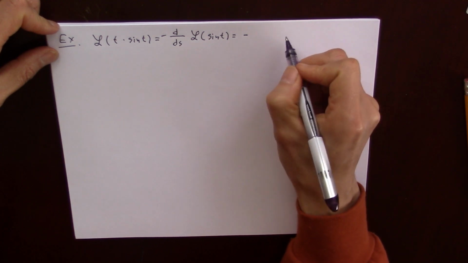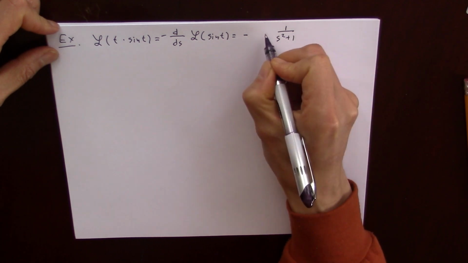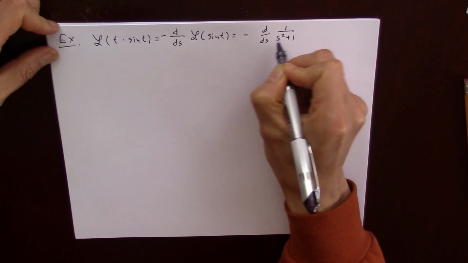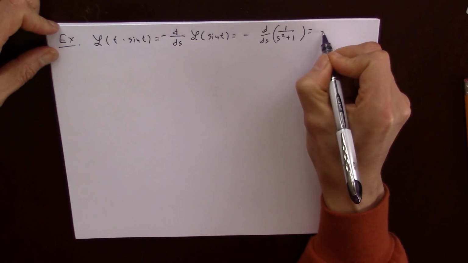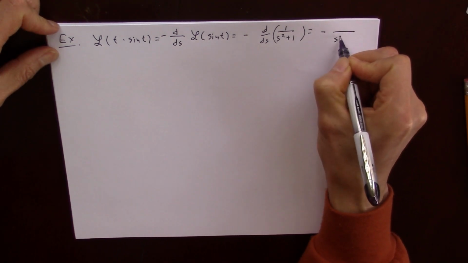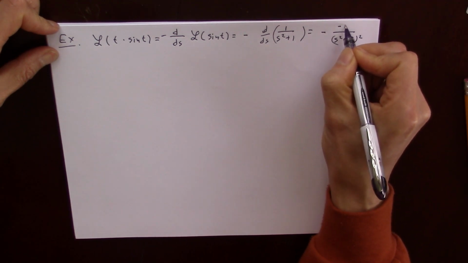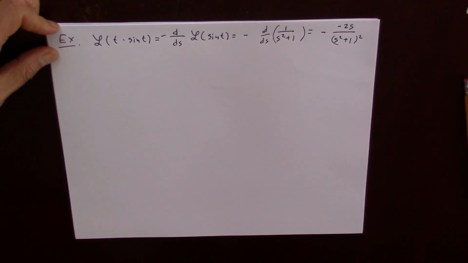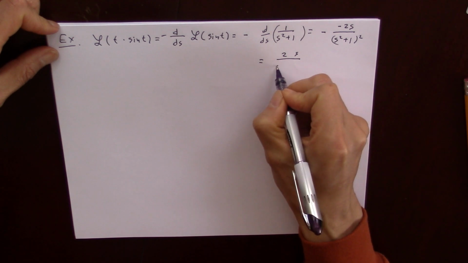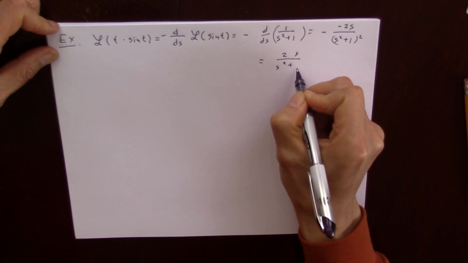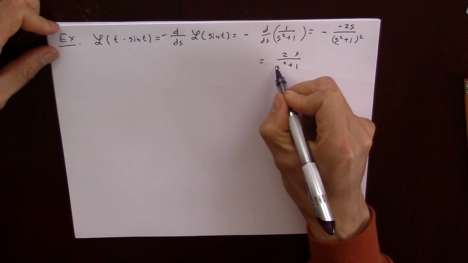Laplace transform of sine is 1 over s squared plus 1, and we have to take derivative of this expression with respect to s. So it equals negative over s squared plus 1 squared. Derivative of denominator is negative 2s. So final answer is 2s over s squared plus 1 squared.